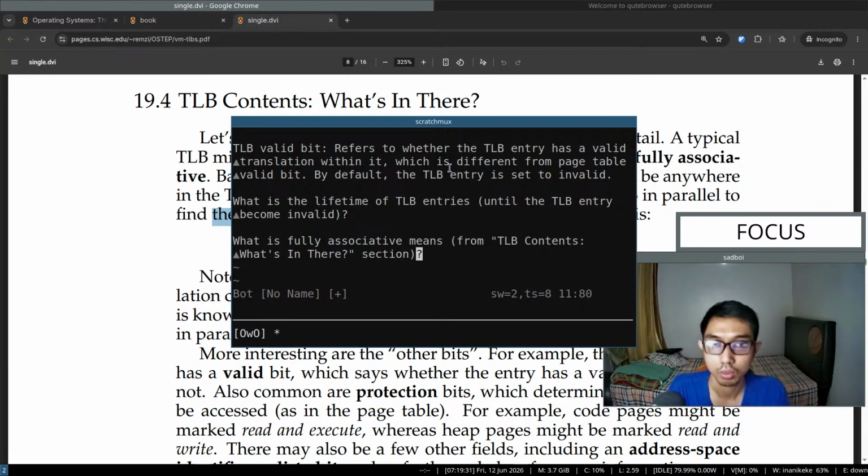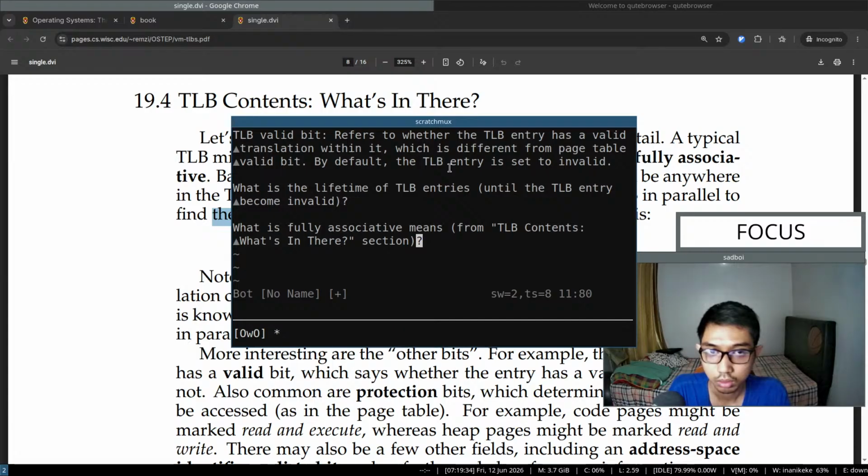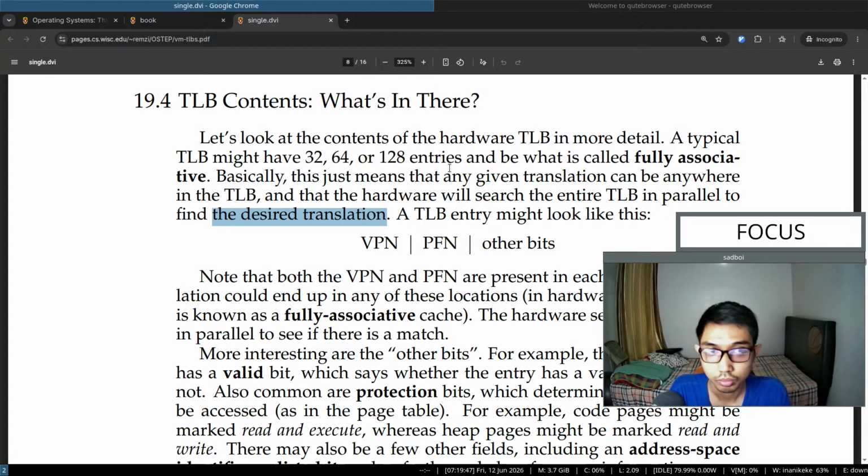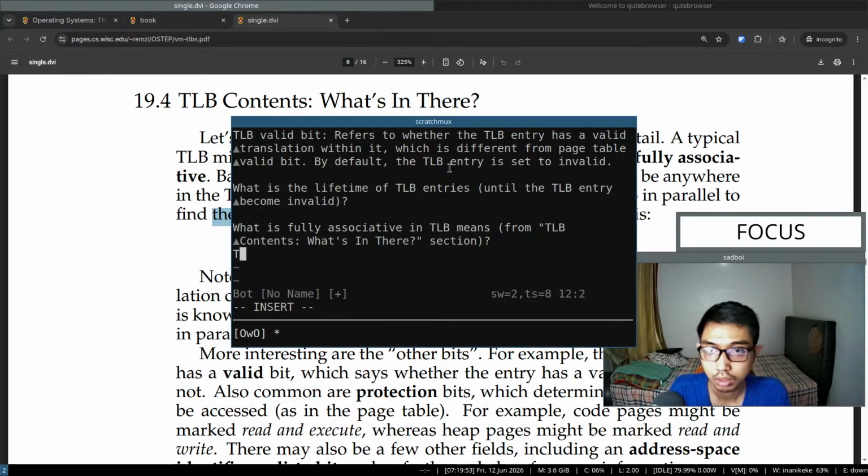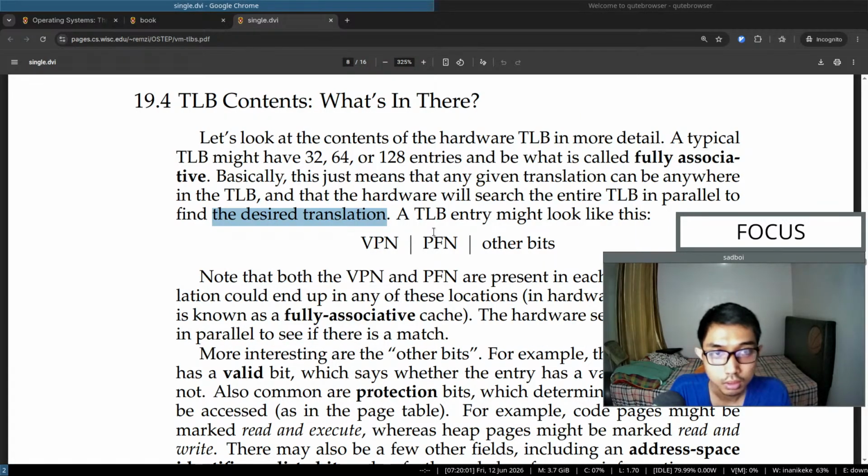Oh. Active in TLB means, it looks like, what is it? Any given translation can be anywhere.